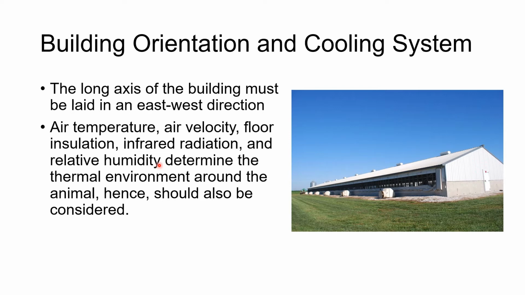So, kailangan na tignan mo lahat yung mga factors that can affect yung temperature mo. So, this is where you install yung mga cooling system. So, if you have the budget, may mga cooling system na pwede mong i-install doon sa building in order to somewhat control yung temperature inside the building. So, one of the popular ones is yung ventilation. So, yun yung ginagawa mostly.